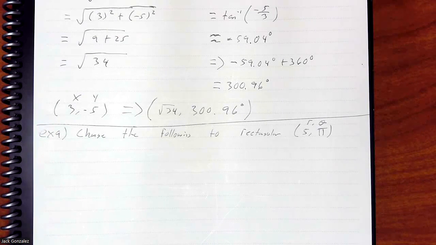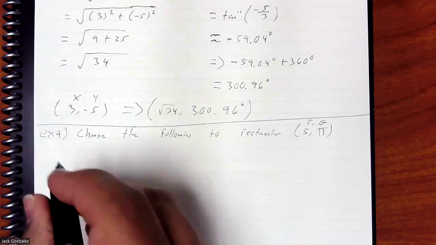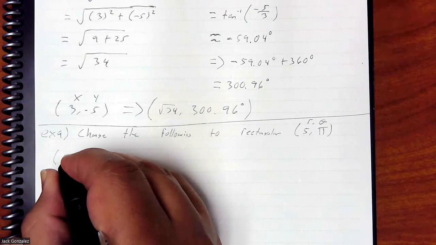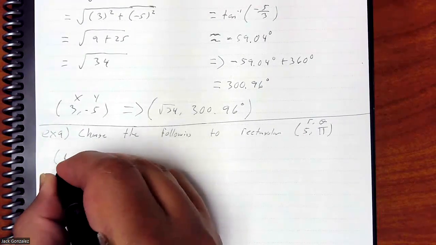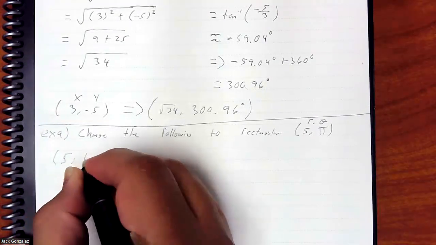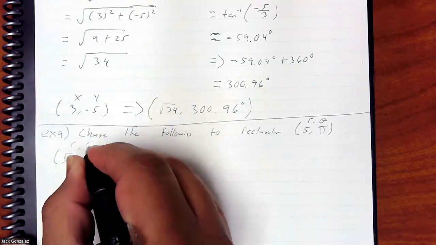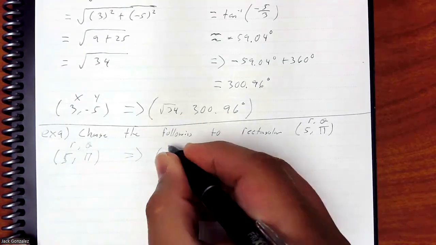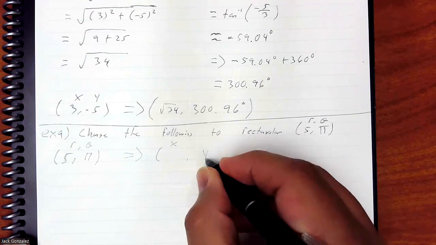Okay. So the goal is to change 5, pi, r, theta into some x, y.